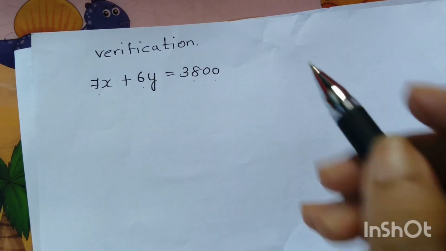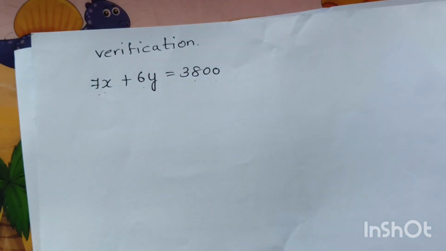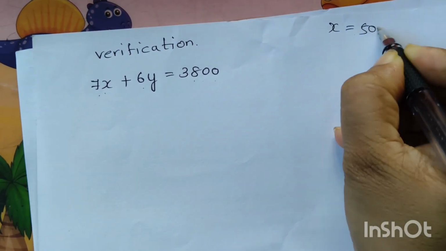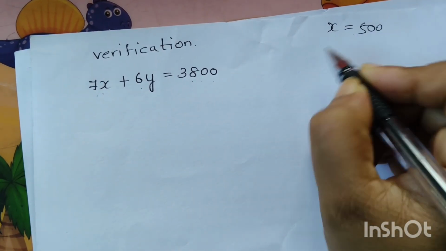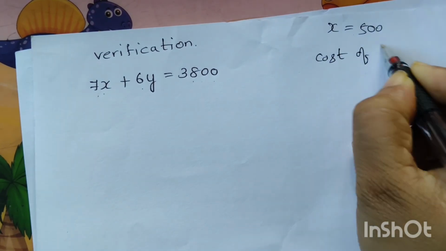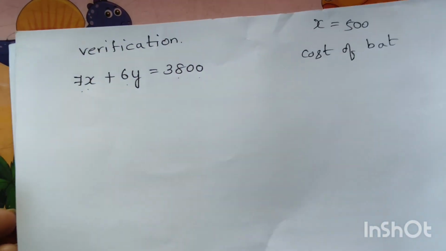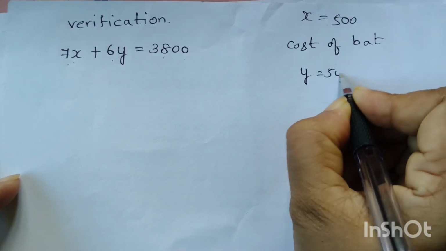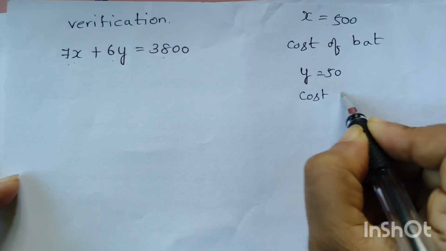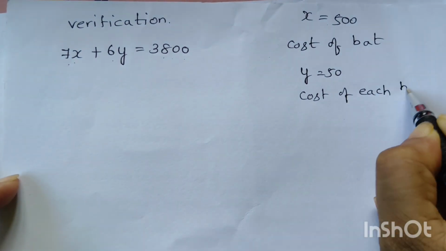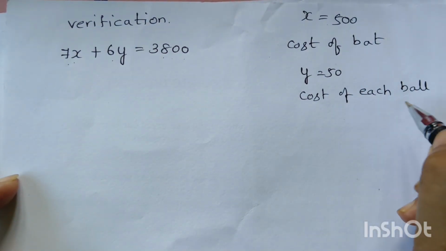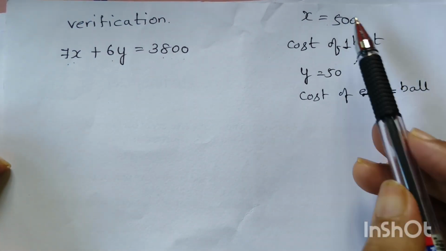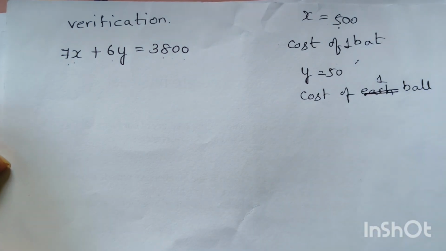Then in the solution we got the value of x as 500, that is the cost of a bat, and the value of y we got 50 rupees, that is the cost of each ball. Cost of one bat is 500 rupees, cost of one ball is 50 rupees.